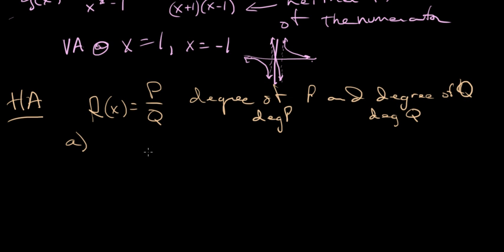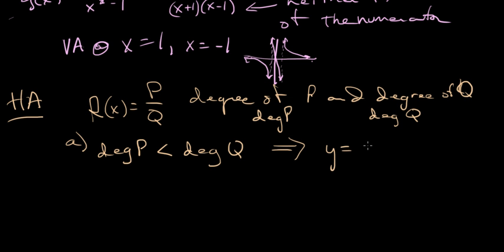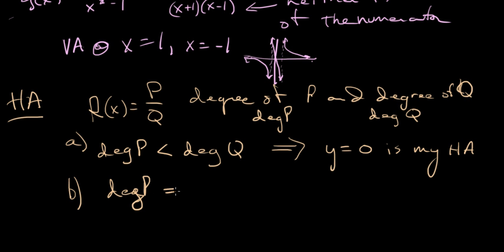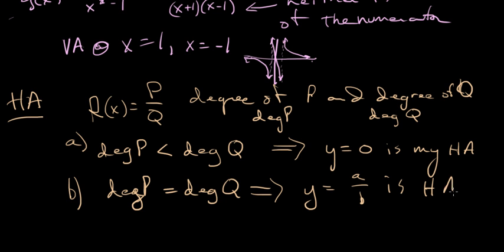For A, if the degree of p is less than the degree of q, that means that y equals 0 is my HA, horizontal asymptote. The other possibility, the degree of p equals the degree of q, well, that means that y equals a over b is the horizontal asymptote.